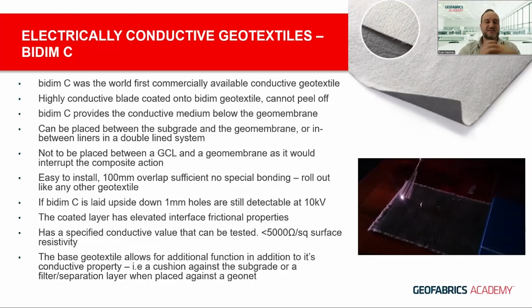So these types of geotextiles have less than 5,000 ohms per square in terms of surface resistivity, which is a pretty conductive material. And as I say, that can be tested. There's ASTM methodologies that allow that test to occur, so that you can verify the material and its level of conductivity throughout the footprint of the project, and test it like any other method that you would for CQA, such as other index type tests.